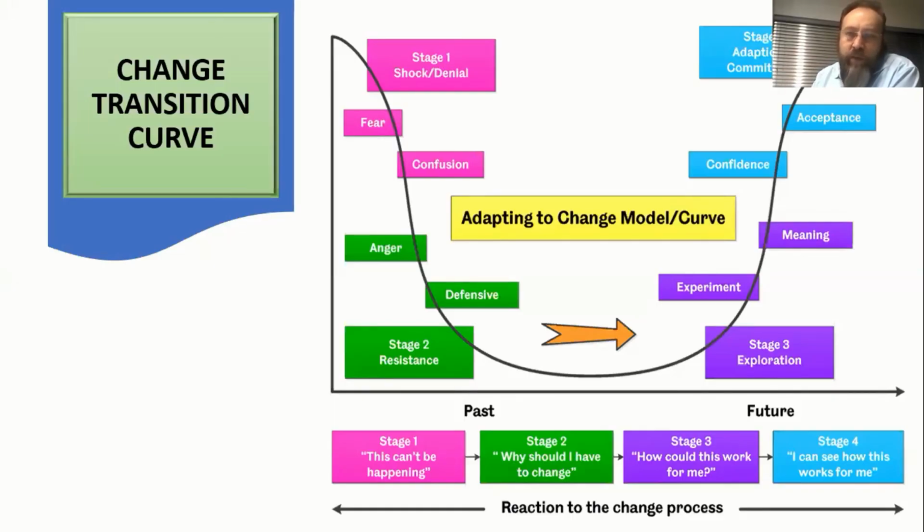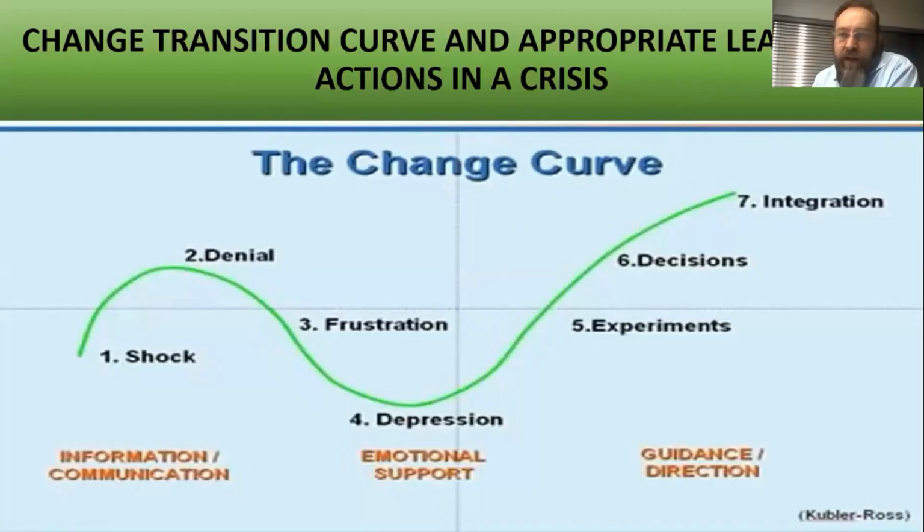So it's looking at stage 1, which is shock and denial, stage 2, which is resistance, typical of anger and defensiveness, and then how can you guide your employees through the information, the communication, the emotional support in particular, the transition between stage 2 and stage 3, getting them to start experimenting, start doing the cost-benefit analysis, to look at the merits, the utility value, the practicality of change, how they can become partners and ultimately owners of the change management process. And that, of course, is then facilitated through the direction and guidance that we mentioned.